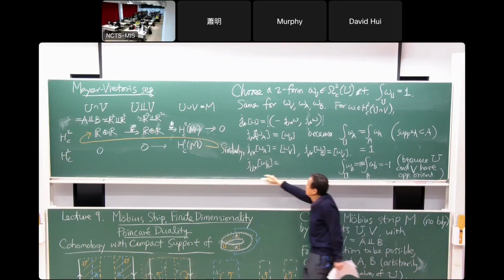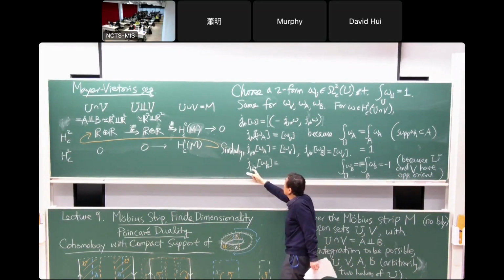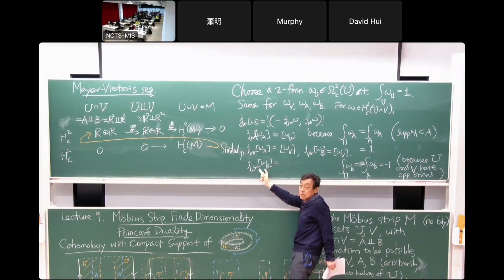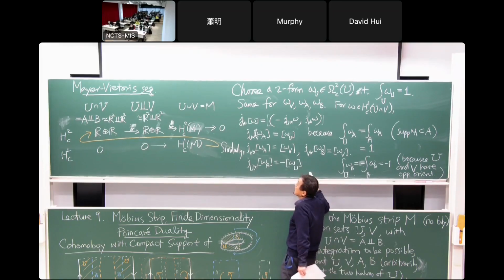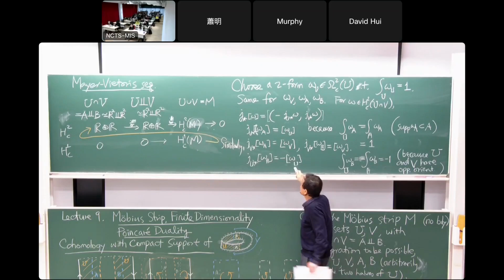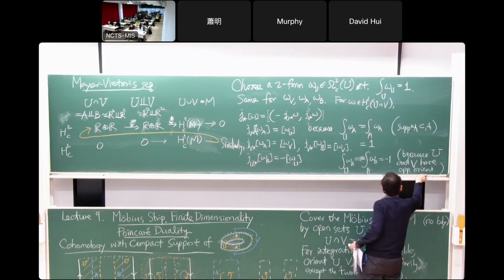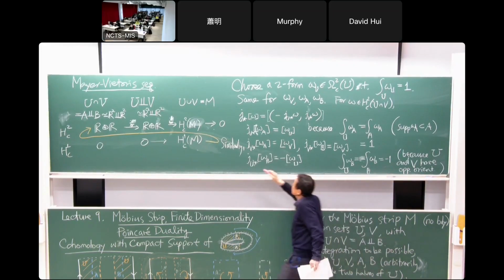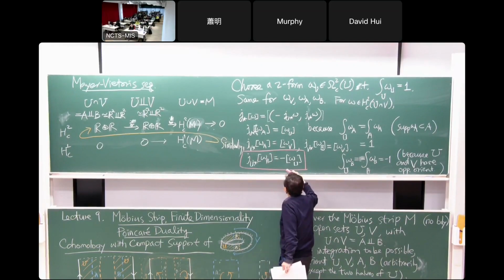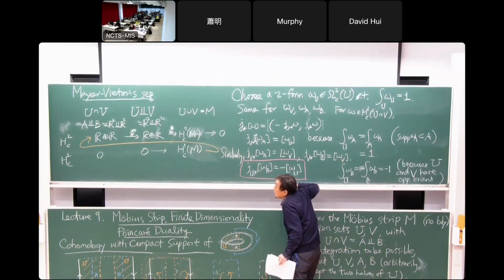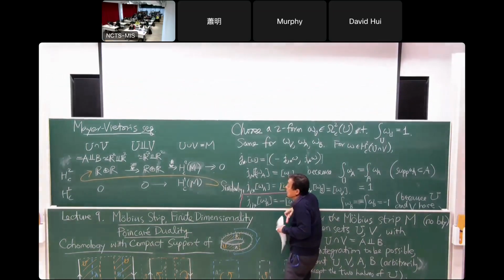And therefore, when you extend by 0 omega B to U, it doesn't go to the generator, but it goes to the negative of the generator. So that is the only part that is a little bit tricky. All right, and so now we can figure out what J star is.